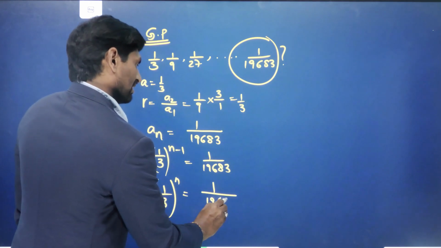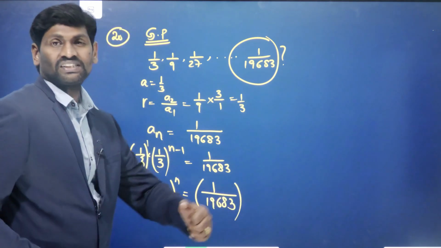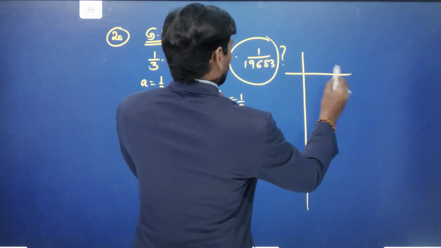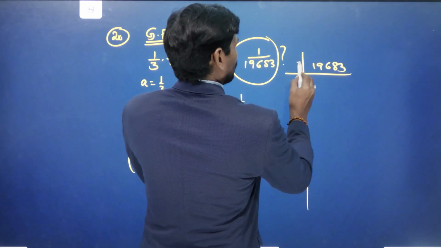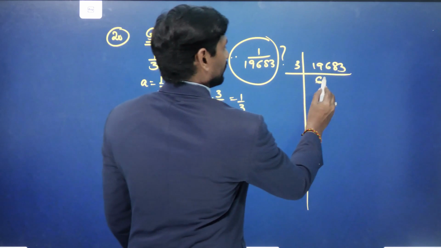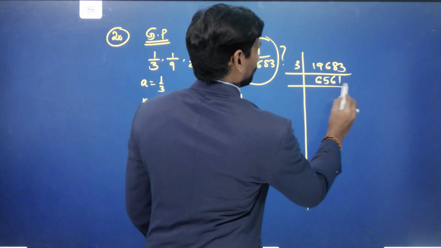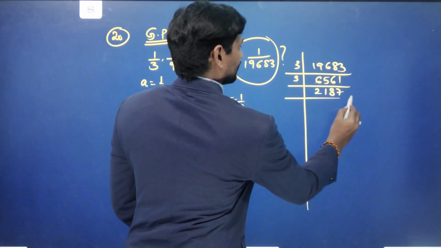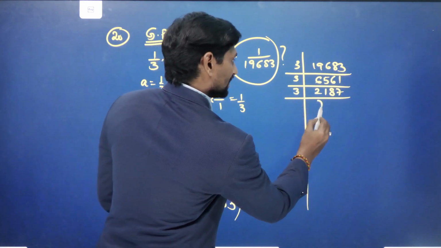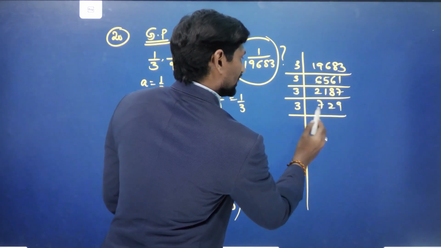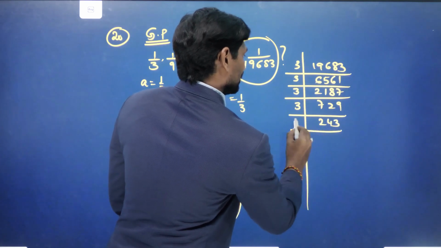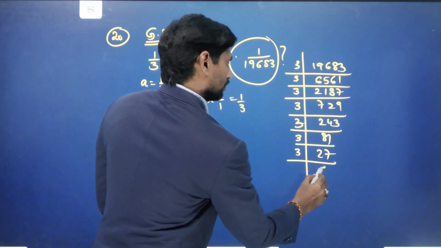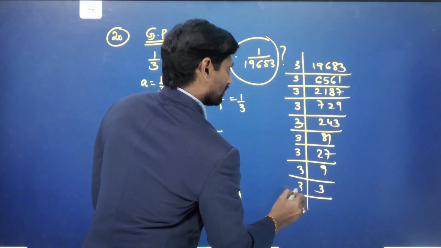It indicates the denominator 19,683 can be written as a power of 3. Let us identify the power. Using the 3 table, dividing 19683 by 3 repeatedly: 6561, 2187, 729, 243, 81, 27, 9, 3, 1.